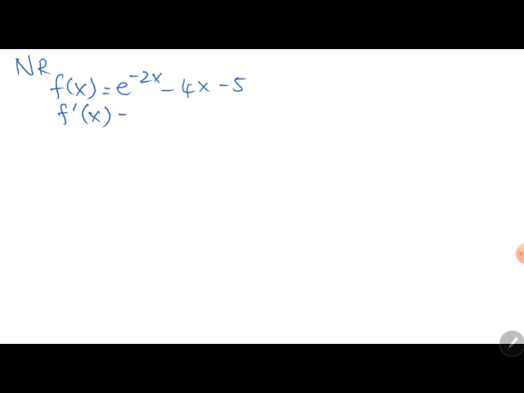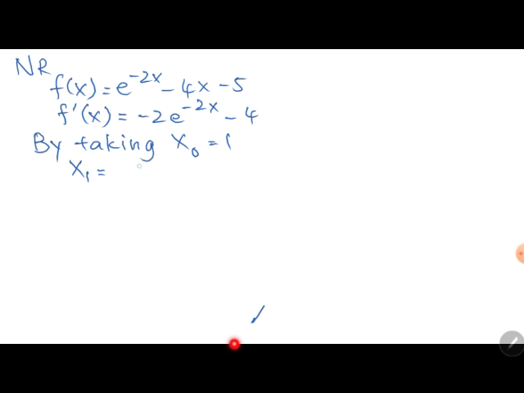F prime of x is minus 2e to the negative 2x minus 4. The question asks you to use x naught as 1.